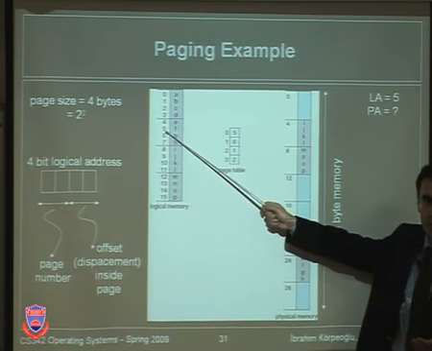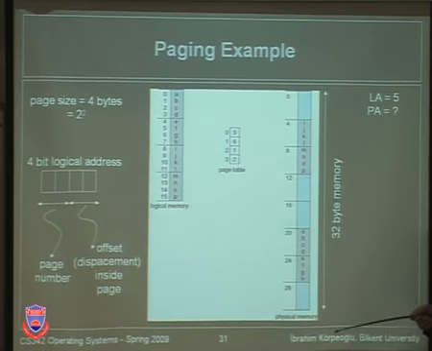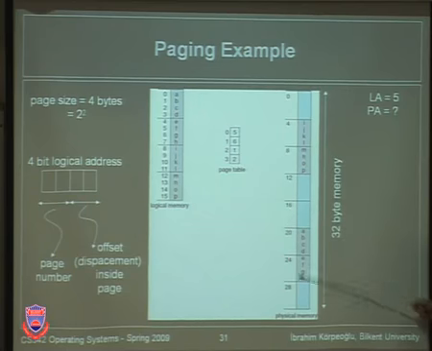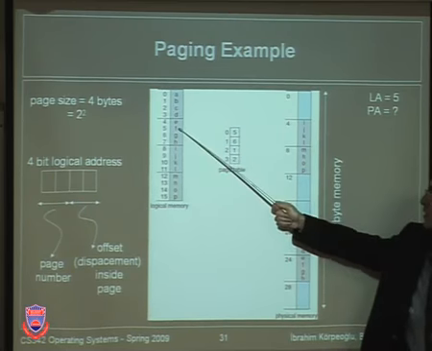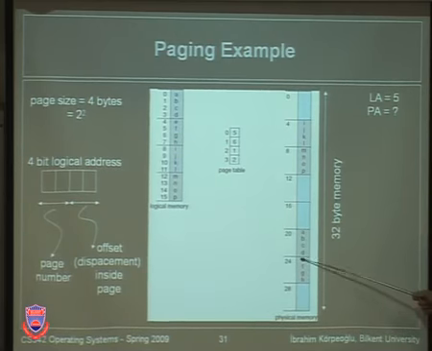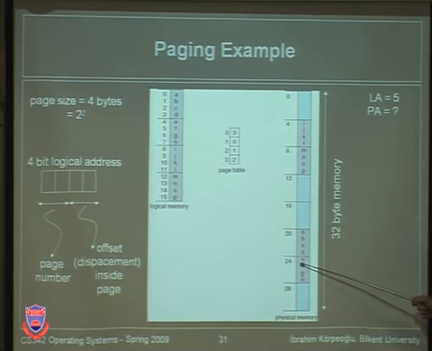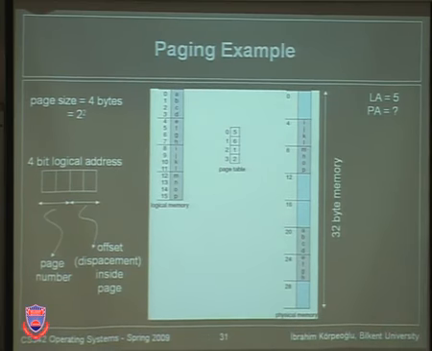So the logical address of F is 5. We are wondering what the corresponding physical address is. Here we can see immediately what the physical address will be. F, the corresponding page is where? It is here. The corresponding page frame starts at address 24, so the address of F is 25, right?